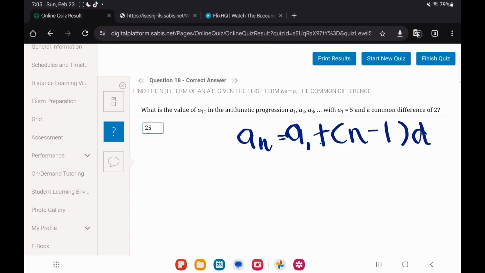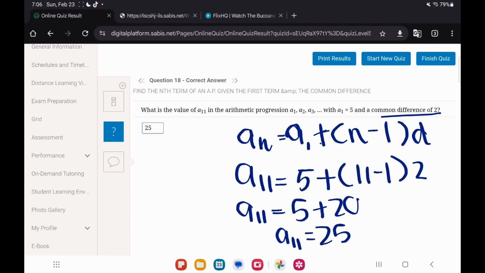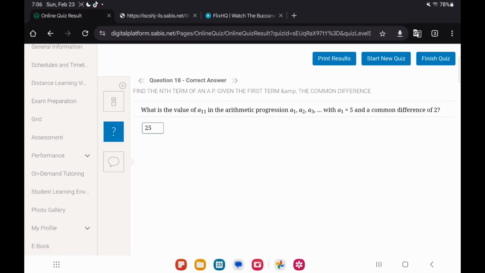So they want a11, so a11 equals a1, which is 5, they already gave you. a1 is the first number in the progression. Plus n minus 1, so 11 minus 1, and then d is 2. So a11 equals 5 plus 20, because 10 times 2 is 20. So a11 equals 25. And that's literally it.